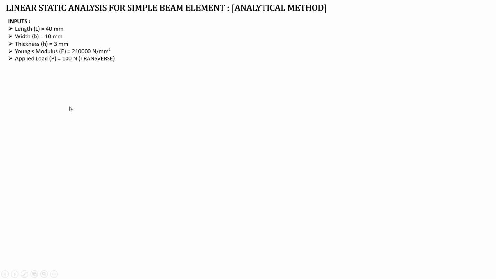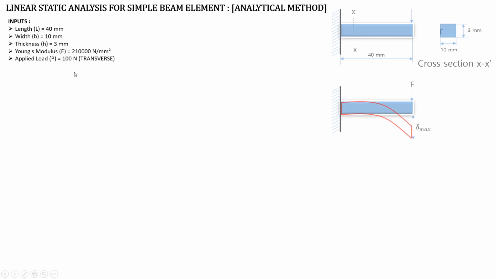The applied load is 100 newtons in the transverse direction. So you can see here is our given input and the structure similar to what we did in the FEA section.